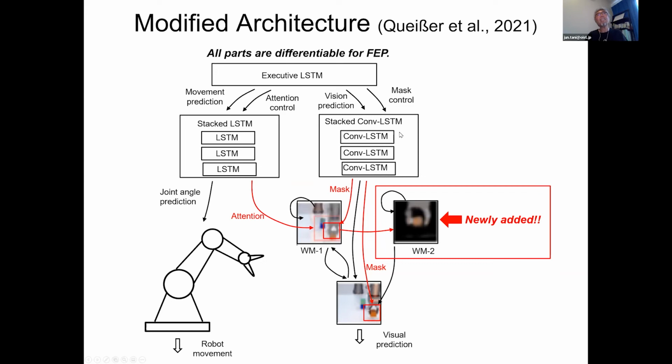The mask is an operation: the visual working memory one is masked at this part, and then copied to the second working memory. That's kind of an operation, but everything is differentiable, so the neural network is going to do it.